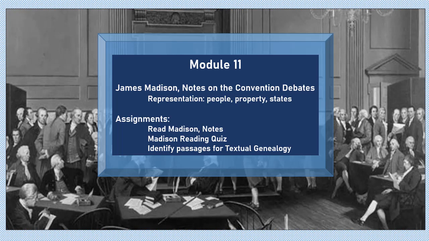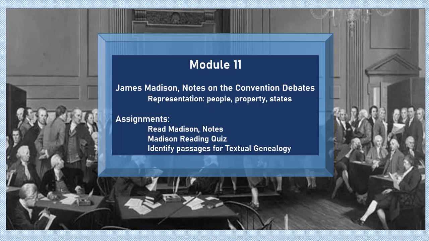So when you go to the founders.org website and you're looking for sources for your textual genealogy paper, if Madison's notes is among those listed for your clause, I want to draw your attention to how valuable a source it is. As you'll see, it gives you every speaker's point of view.